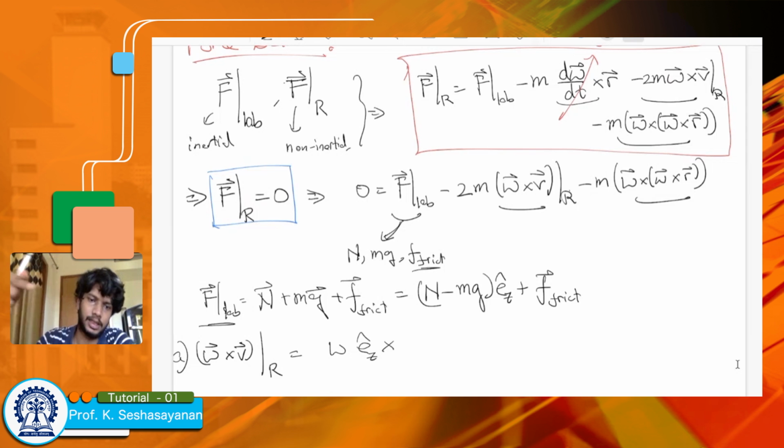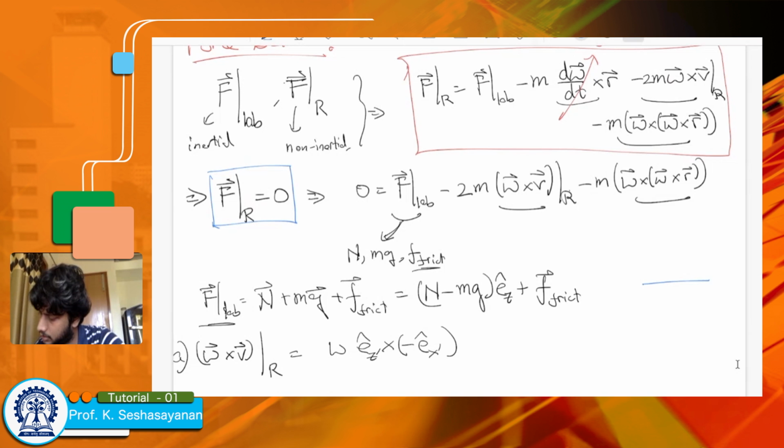So it's moving in the x prime direction, but it's going towards the center, so it's minus ex prime. So again, z, I'll also put a prime just to say that we are now using the x, y, z prime directions. So this is nothing but omega ez prime cross minus ez prime times the velocity v.